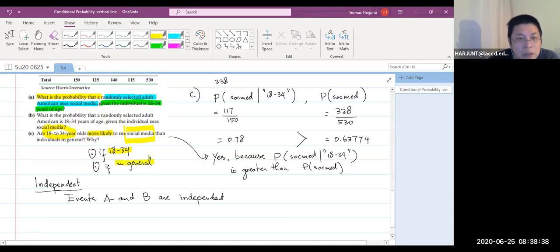Given that we don't know the person's age, how much can we say about the chance that person also uses social media? So this is the effect we would like, and these two are the condition.